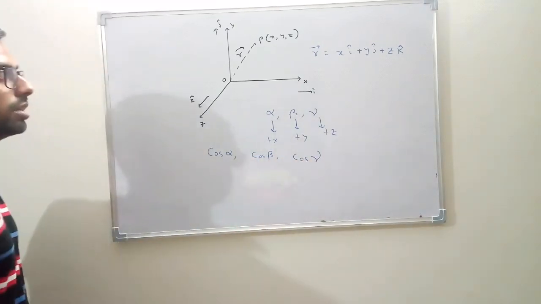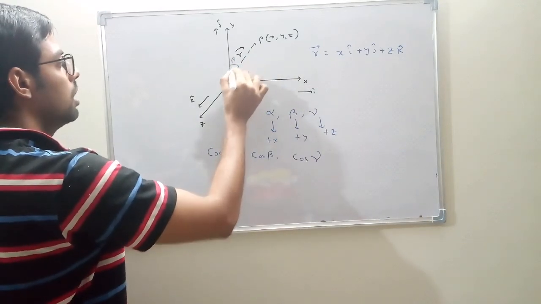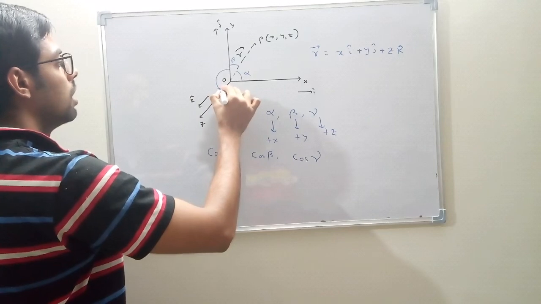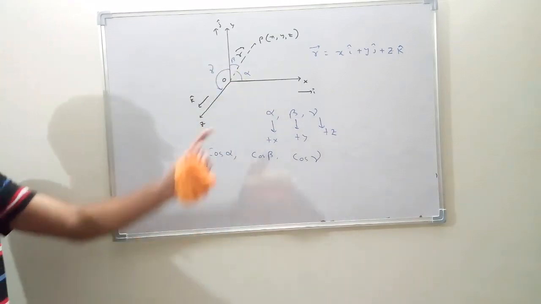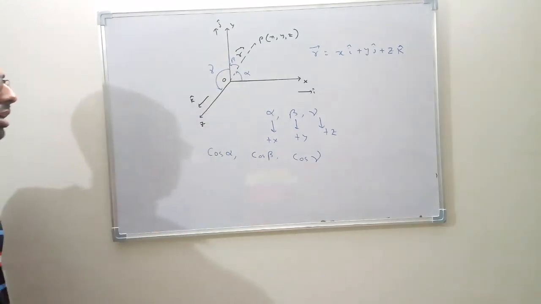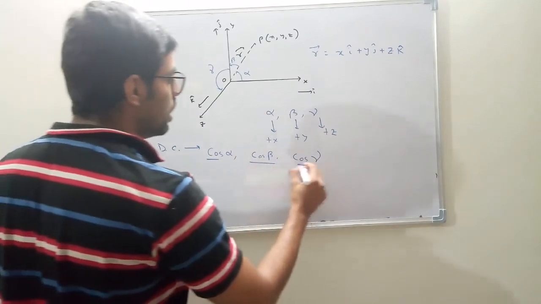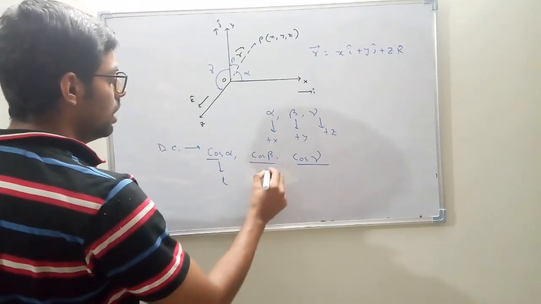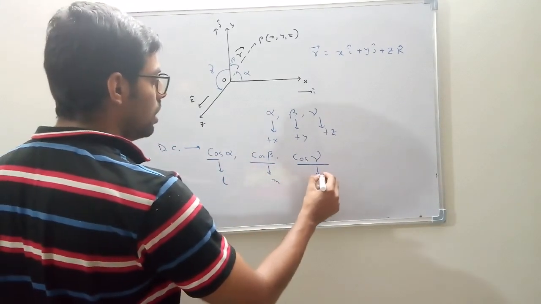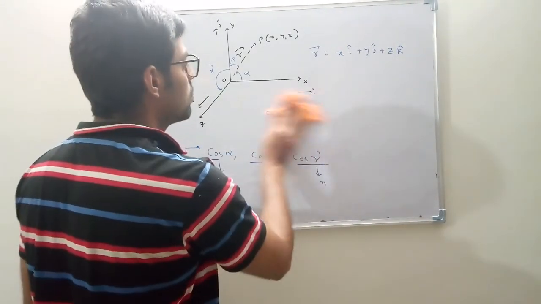These are represented by l, m and n, which is the natural notation taken for the direction cosines.